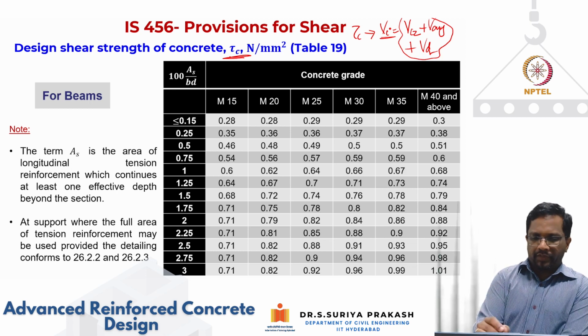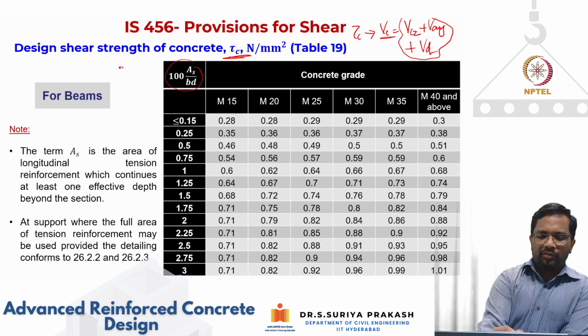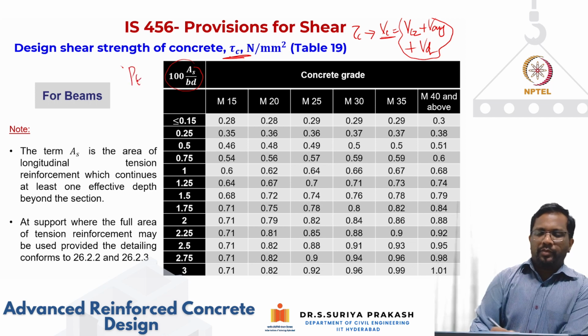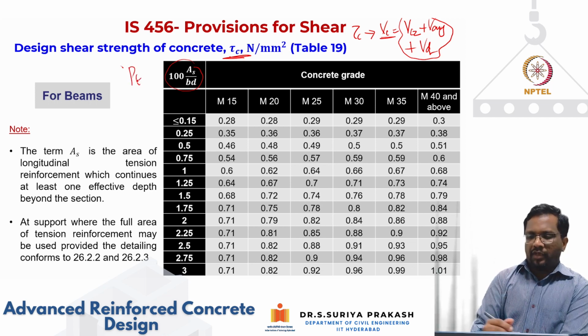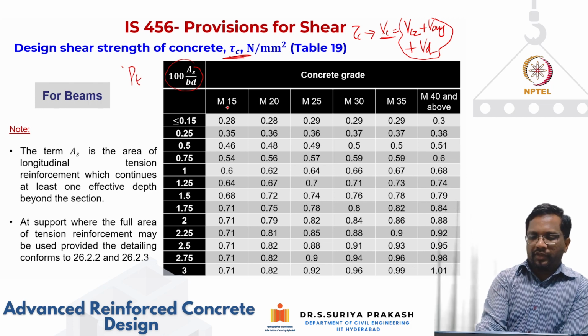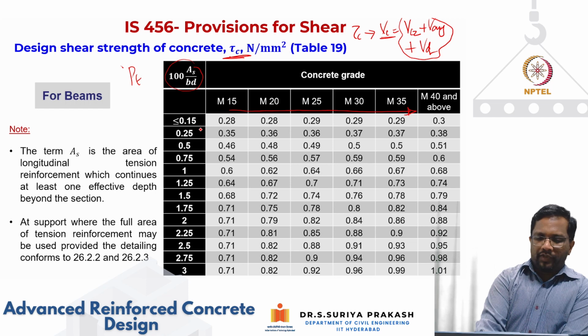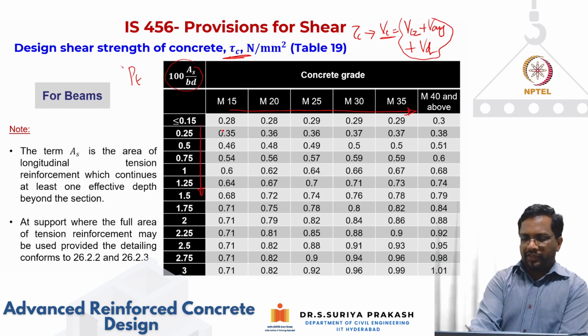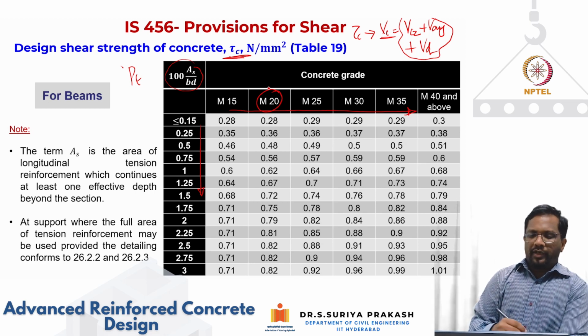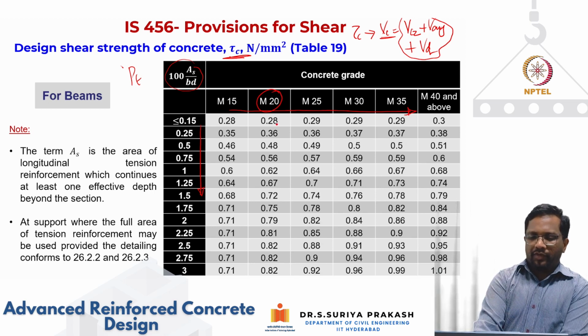Now let us look at this. You can see here what we have is 100 As by bd, which is nothing but your pt, the percentage of tension steel, and the table is given with increase in concrete grade. Let's see two scenarios. Let's take M20. For M20, as you can see, for a percentage of steel of 0.15, very low, your tau c is 0.28.